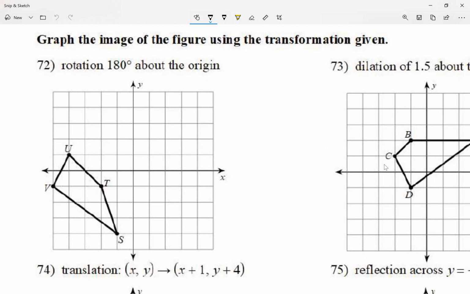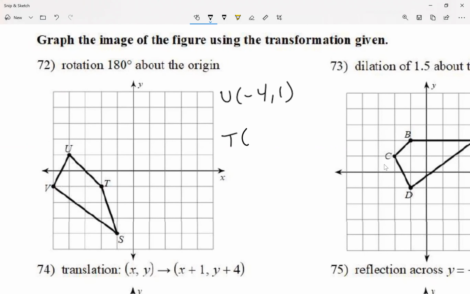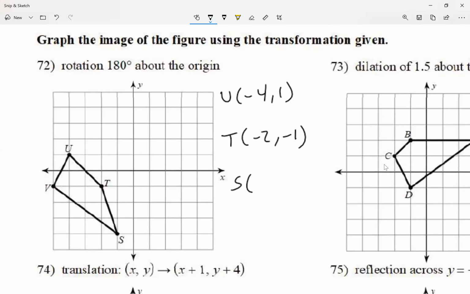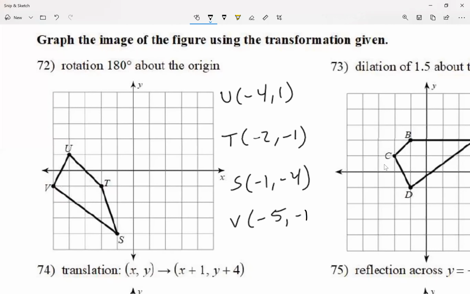So let's start with point U. The original points are -4, +1. Then I look at the point T. The original values are -2, -1. Look up my point S: -1, -4, and my point V, which is -5, -1.